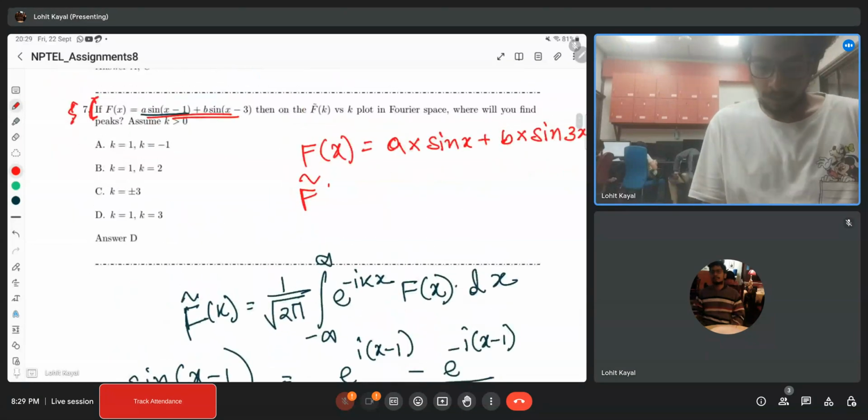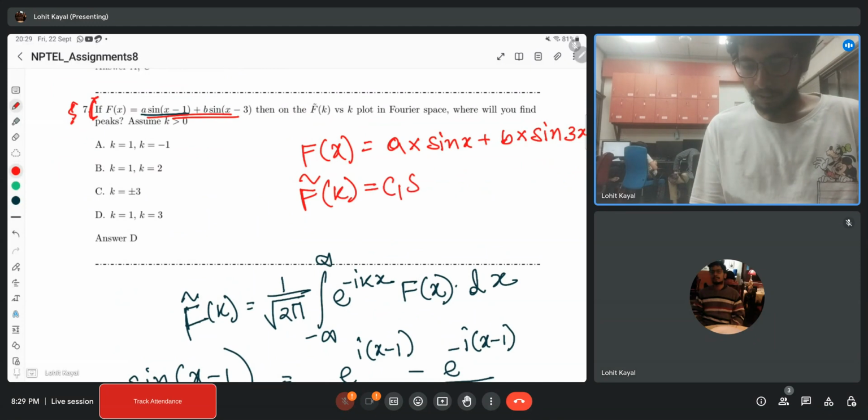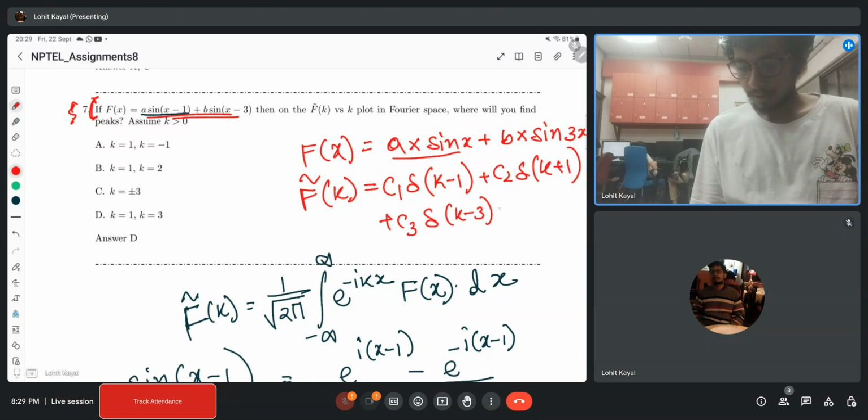So what will be your f tilde of k? F tilde of k will be some constant c1 delta k minus 1 plus c2 delta k plus 1, plus some c3 delta k minus 3 plus c4 delta k plus 3.